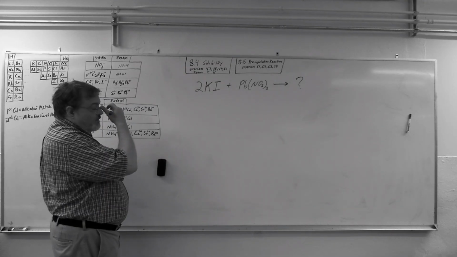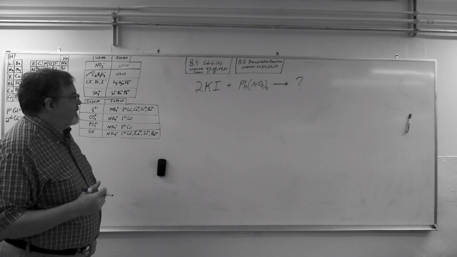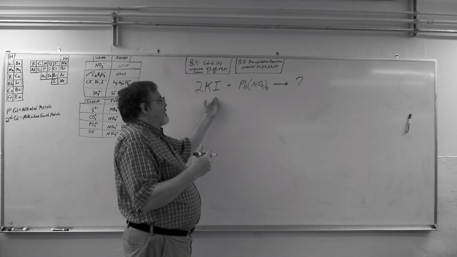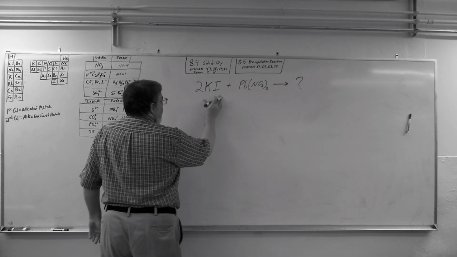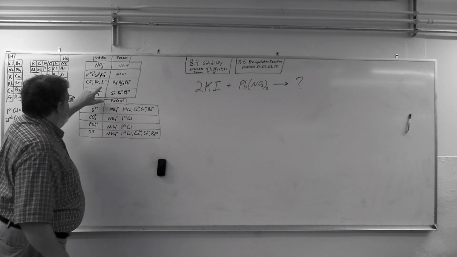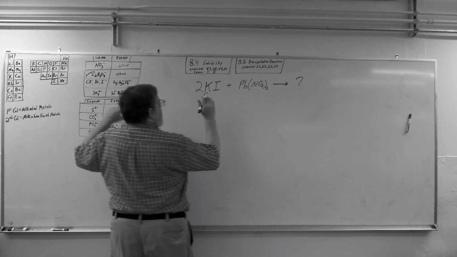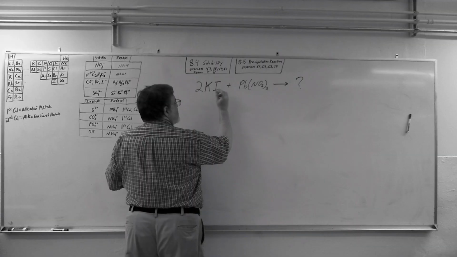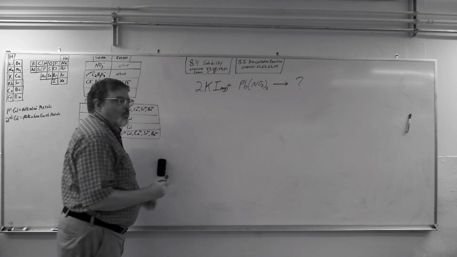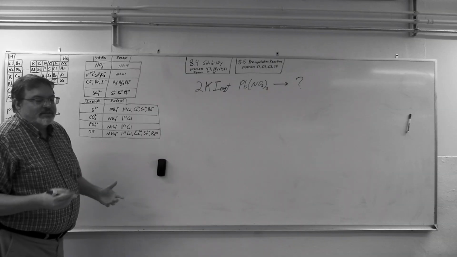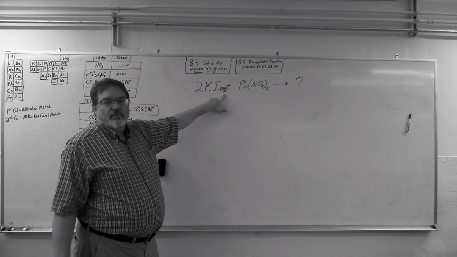The first thing you need to figure out is, if they don't come apart as ions, no reaction is going to occur. Meaning, if you put KI in, here's I, K is not an exception. That is soluble, and because it's soluble, I'm going to put aq here. Aqueous, meaning water. This means it's soluble in water.